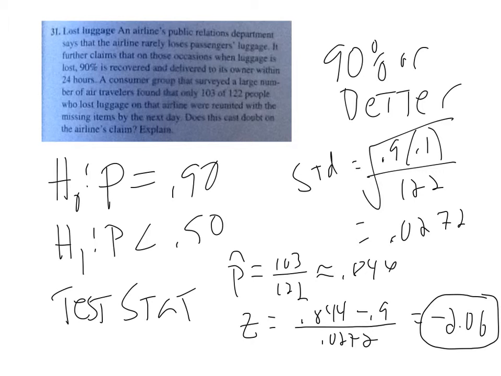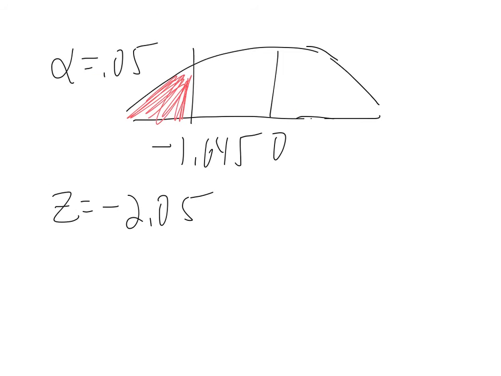You've learned how to do this already. Now you're just applying it this way. So what's our p-value? Or we could use the critical value. Thinking about our rejection region, at the 5% level of significance we've got a one-tailed test, and the critical value is negative 1.645. Our test statistic is out beyond that, in the rejection region. We'll reject H0.